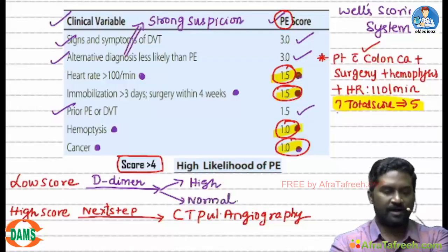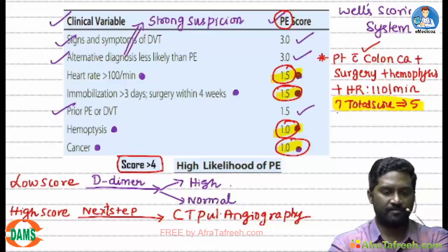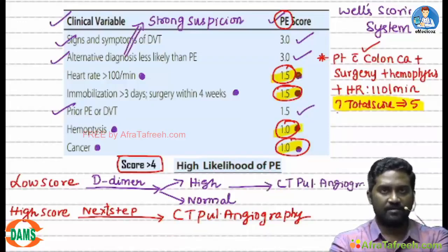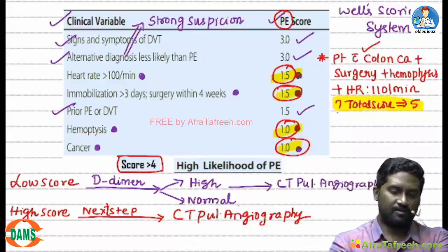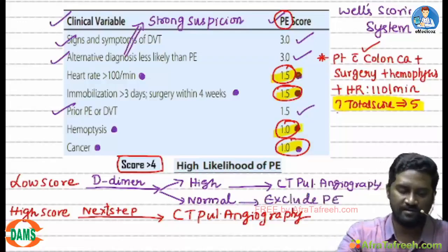If it is high D-dimer value, the chances of pulmonary embolism will be there. So here I go for CT pulmonary angiography. If it is normal value, I can actually exclude pulmonary embolism. So how it is done, we will discuss in the next slide in investigations.